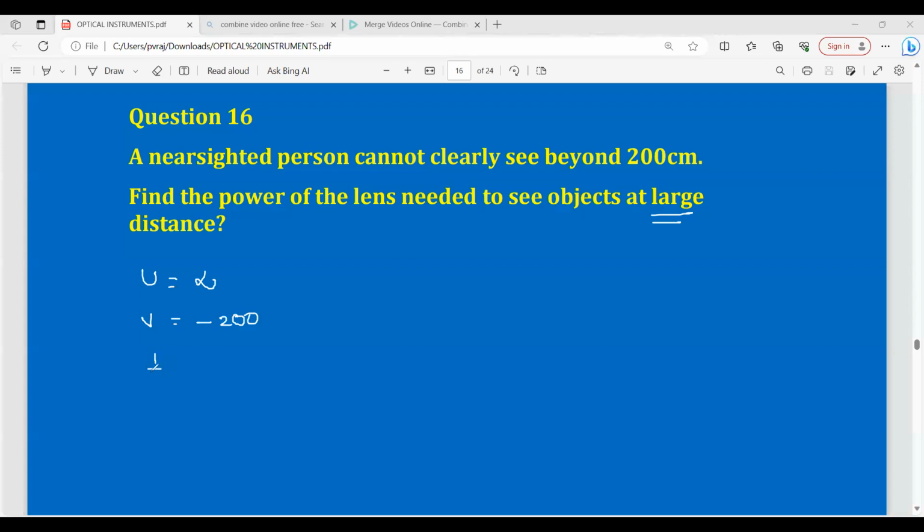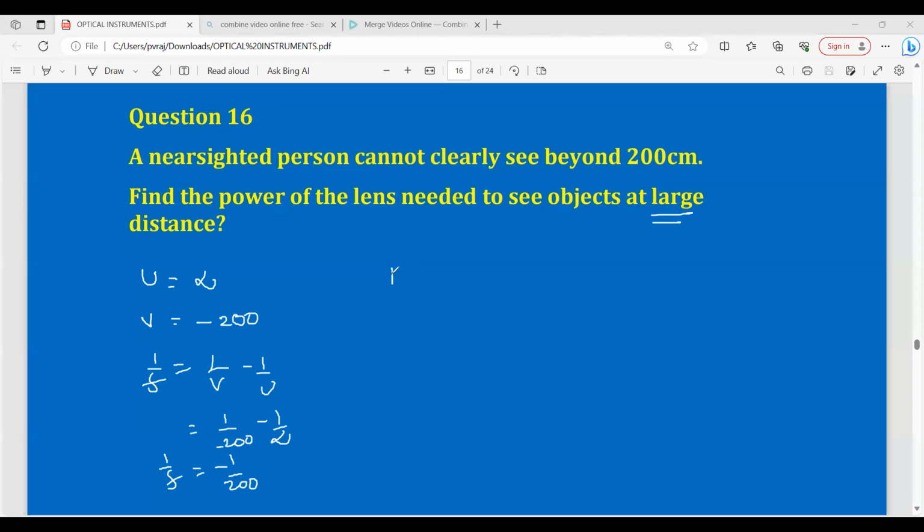That means first you have to use the equation, that is 1 by f equal to 1 by v minus 1 by u. So this is equal to 1 by v means 1 by minus 200. 1 by u means infinity, na? 1 by infinity becomes 0. So finally here 1 by f equal to minus 1 by 200. But finally they are asking us to calculate power only, na?